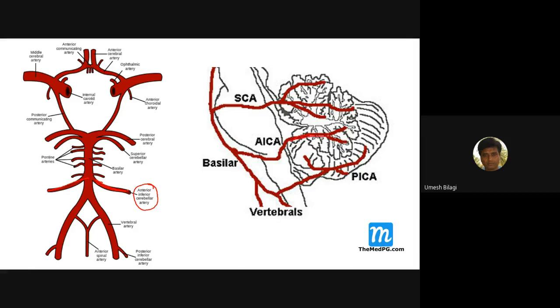This is a PICA, which is a branch of vertebral artery going here. This anatomy is important from many points of view. If you want to solve MCQs which come twisted, if you know this anatomy, you can solve them.